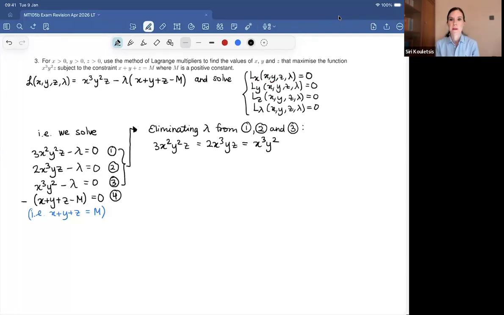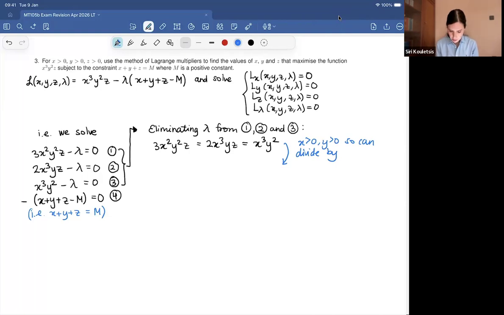Now, I want to simplify this. Let me note here, I've been told in the question that x, y, and z are positive, and so they're non-zero, and I can certainly divide as I please to simplify. Let me just point that out here. And what would it be good to divide by here?